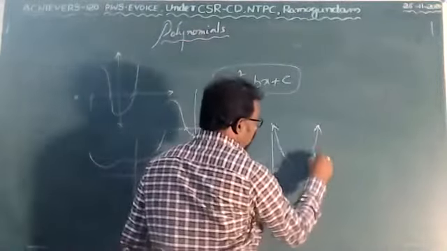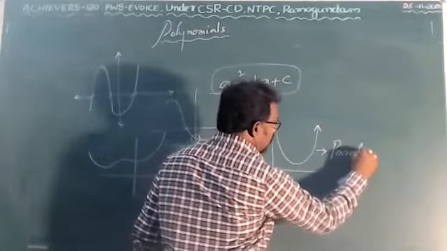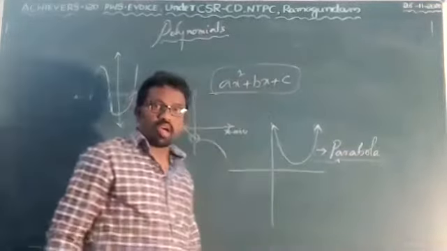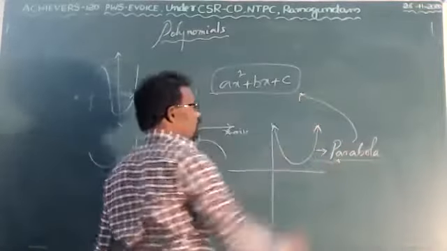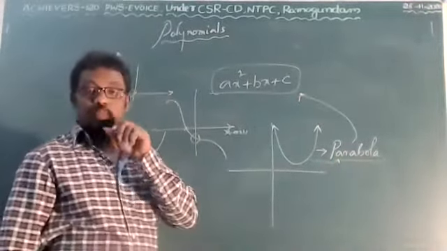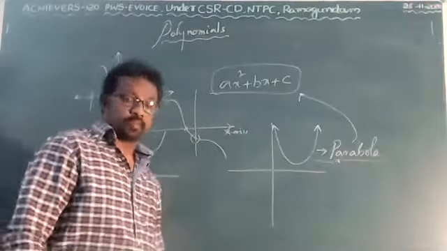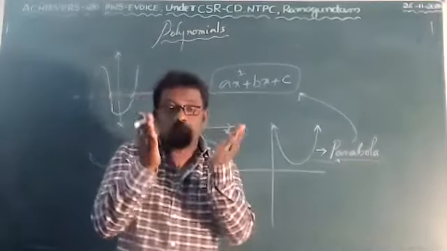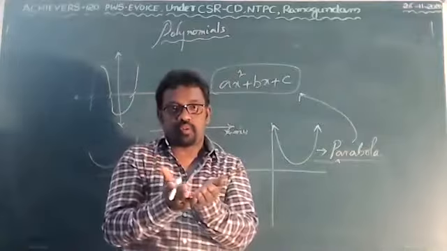This shape is called parabola, whose standard expression is ax square plus bx plus c. The shape of a parabola is U. The shape of a parabola is U.